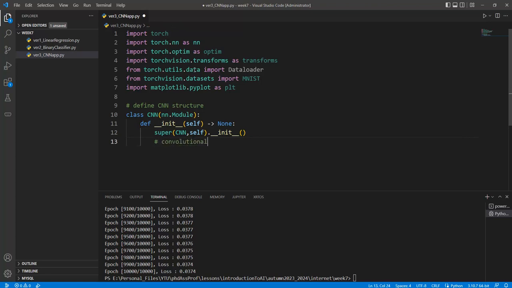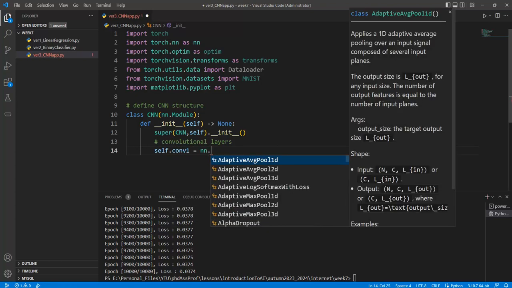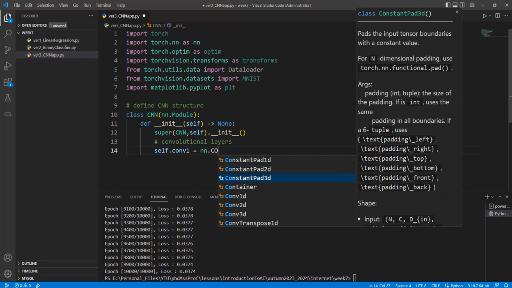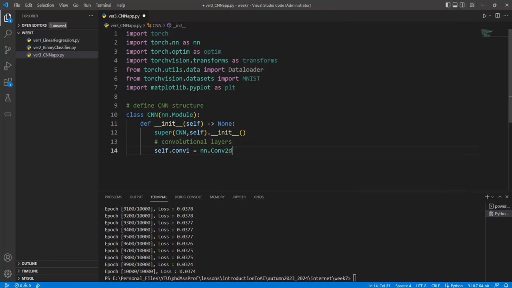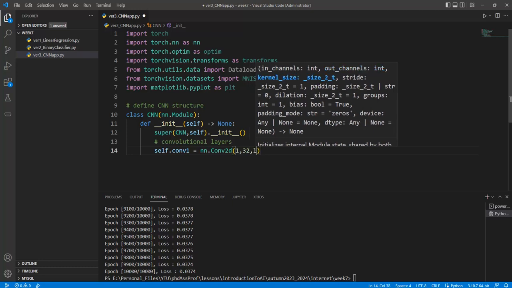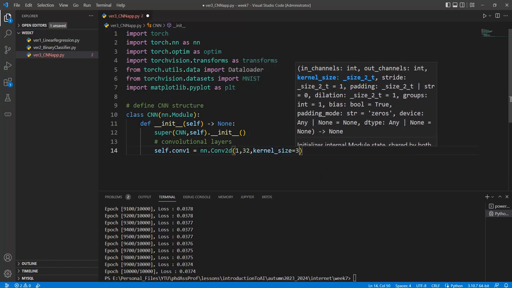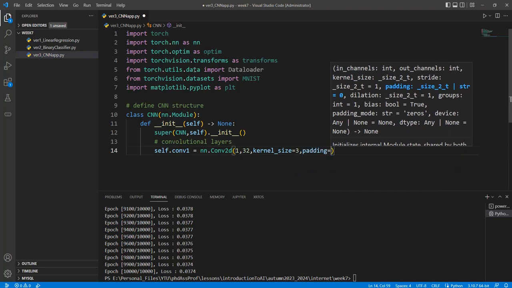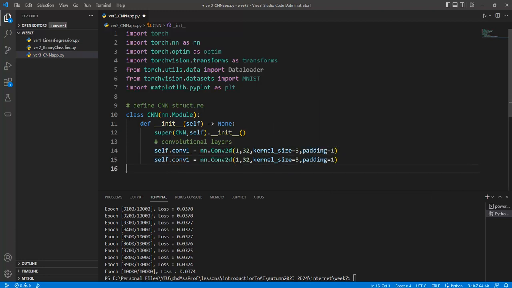so convolutional layers can be created with self.conv1 using nn.Conv2d with the dimensions of 1 and 32, and kernel size can be given as 3, and padding is assigned to 1. Okay, and self.conv2 is also created in here, 32 and 64.